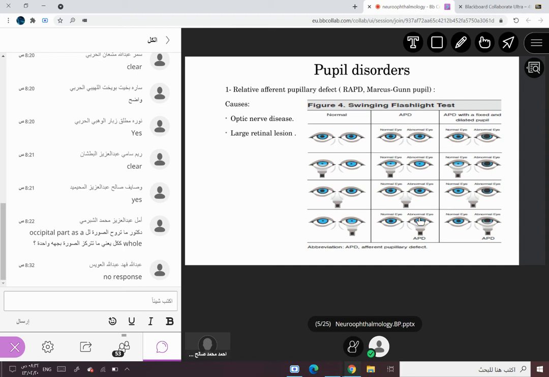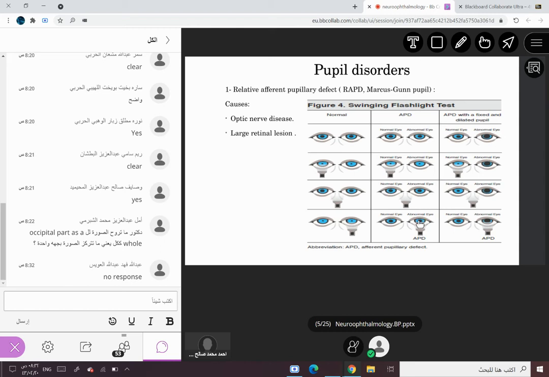So this means this eye has a problem in transmission of the signal from the optic nerve till it reaches the central system, either in the pretectal nuclei or in the third nerve, and at the level of the third cranial nerve nuclei.